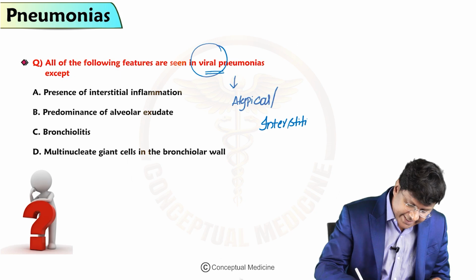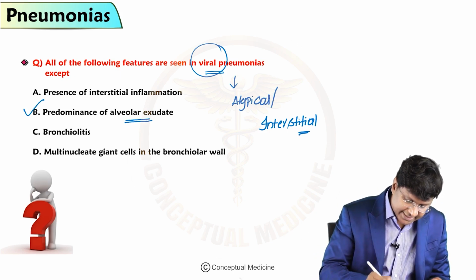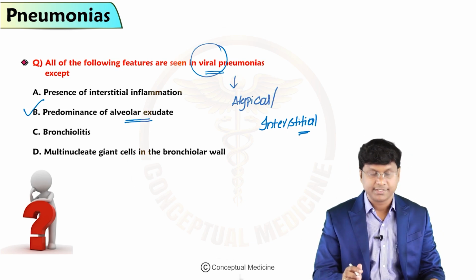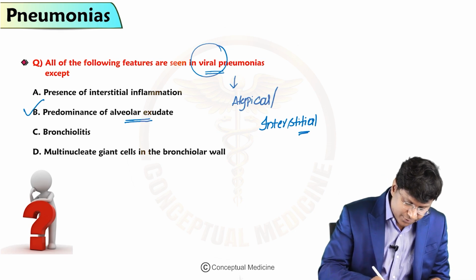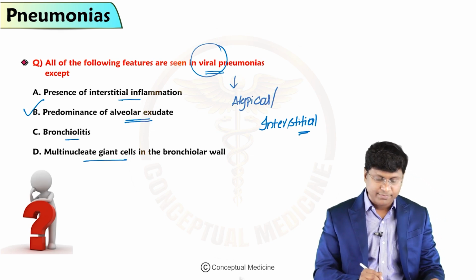So if it is interstitial pneumonias, you don't have the alveolar exudate. In viral pneumonias, you have interstitial inflammation, you have bronchiolitis, and multinucleate giant cells in the bronchiolar wall.